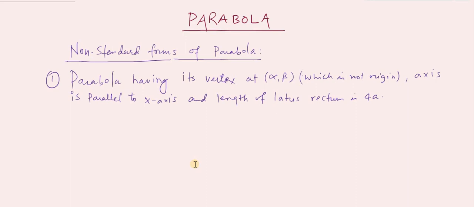So its equation will become y minus beta whole square is equal to 4a times x minus alpha. So what we need to do here is replace y with y minus beta and x with x minus alpha, and what we will get is the equation of parabola having vertex at alpha comma beta and length of latus rectum equal to 4a.